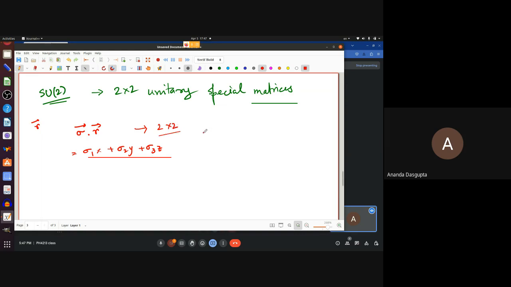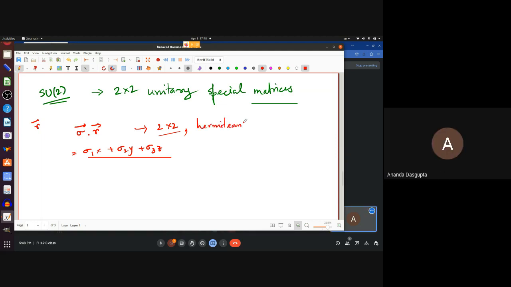Okay. What are the characteristics of this 2 by 2 matrix? What kind of 2 by 2 matrix? Hermitian.